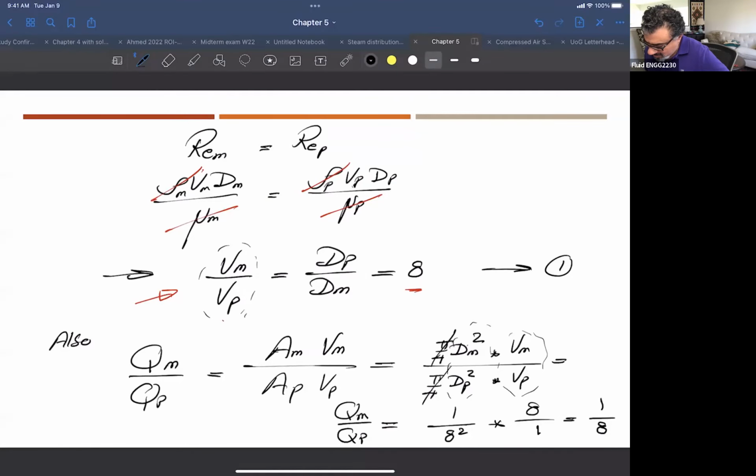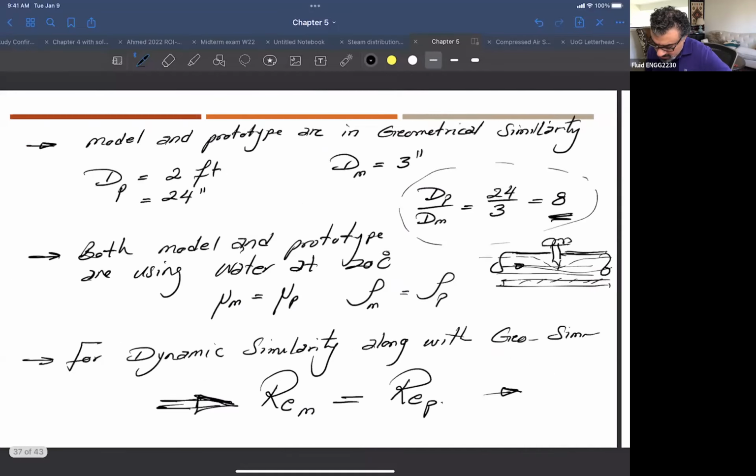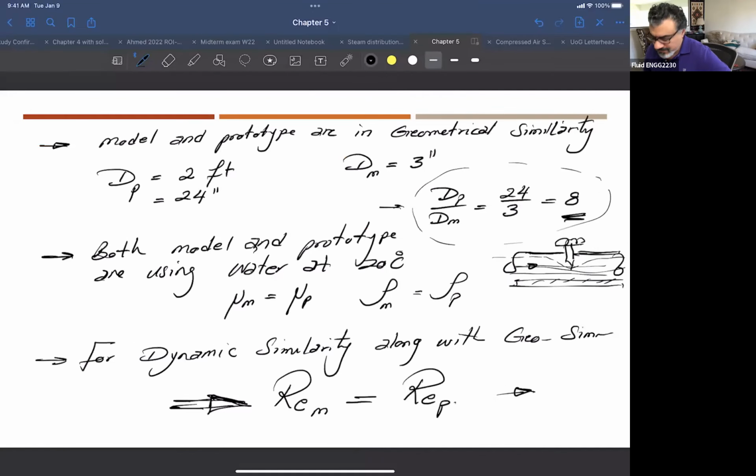So in this case, I will start from this equation. I put V d over d is 1 over scale, and I can consider the scale to be x. So scale means, instead of 1 to 8, it is 1 to x, right? Then I can go backward from this equation and find out what the scale will be. By applying this, you're going to have two equations now. One is dynamic similarity and one is geometrical similarity, okay?